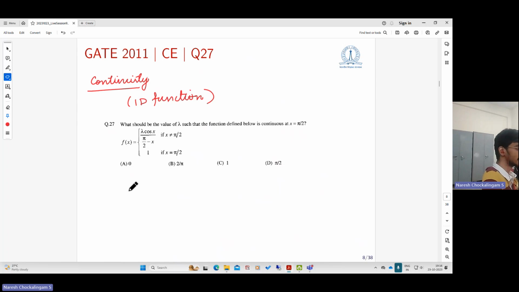And how is continuity defined for a 1D function?